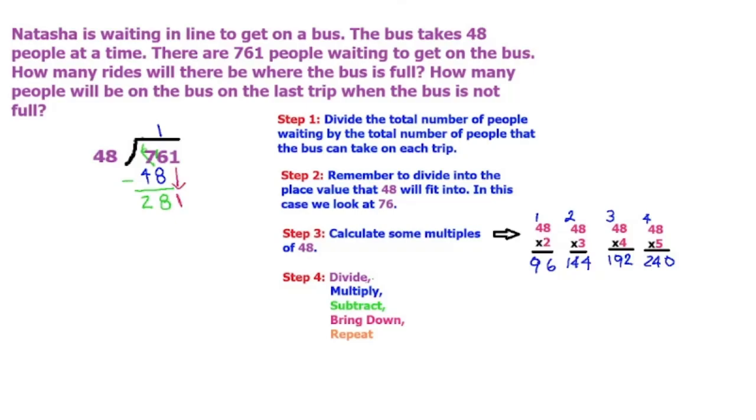So we know that 48 times 5 is 240. So I think that's going to work. So let's put a 5 here. Oh, wrong color. So let's do that in blue.